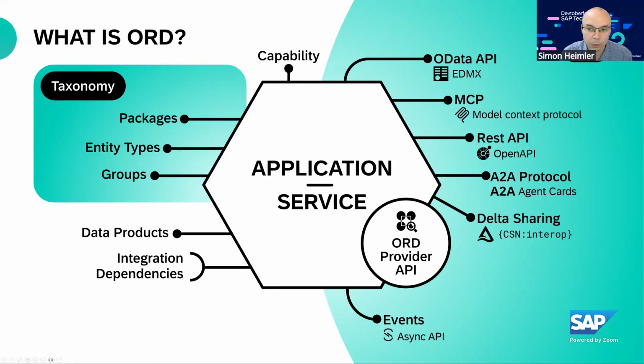Pavel already mentioned the AI protocols, so MCP is another protocol that came up, or A2A for agents, which also comes with its own description format, the agent cards. And no one would know better what APIs are there than the application itself. Very similar are events, which are a kind of async API, and there's also a standard, AsyncAPI, to describe them.